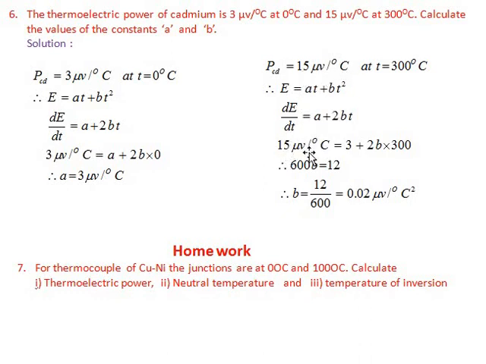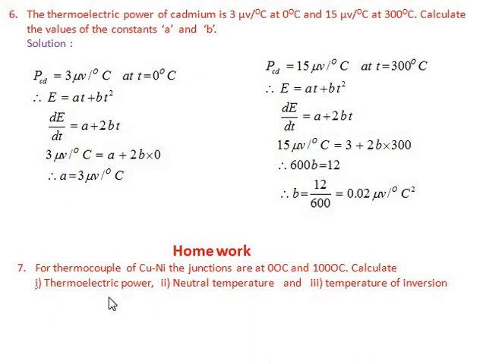Just substitute here: this is equal to 3 plus 2B into 300, that is 600 B. So 15 microvolt per degree Celsius minus 3 microvolt per degree Celsius gives 12 microvolt per degree Celsius divided by 600 degrees Celsius. Clear? So B is equal to 0.02 microvolt per degree Celsius square.